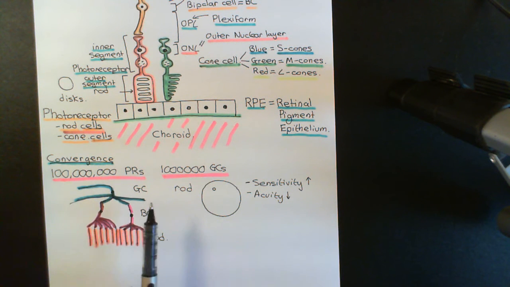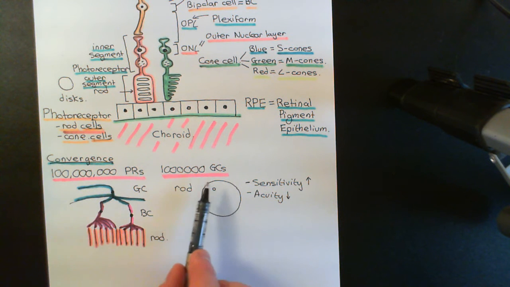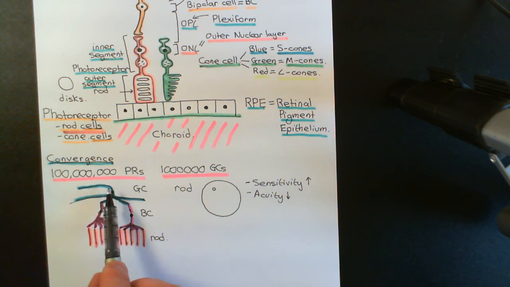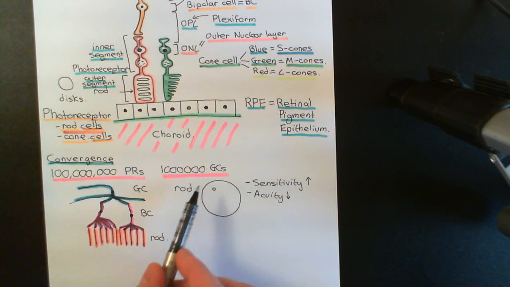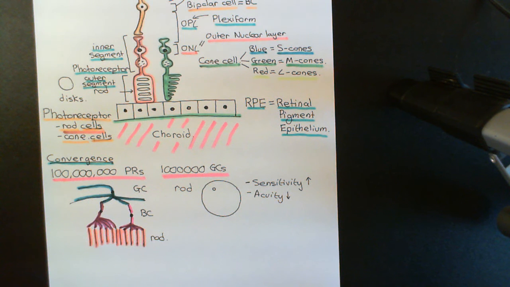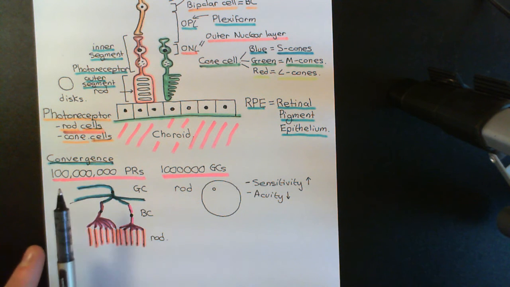Whereas because we've got a huge number of photoreceptors over a large region of the retina, all converging on that single ganglion cell, we don't know which of those was activated, okay? And therefore we don't know exactly where that visual stimulus came from in the visual field. Of course, we'll have a good idea, but we won't know as well as we would if we didn't have this convergence.